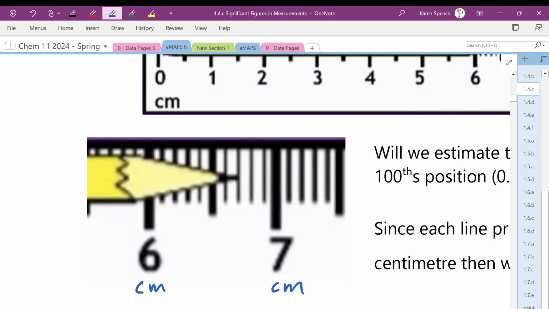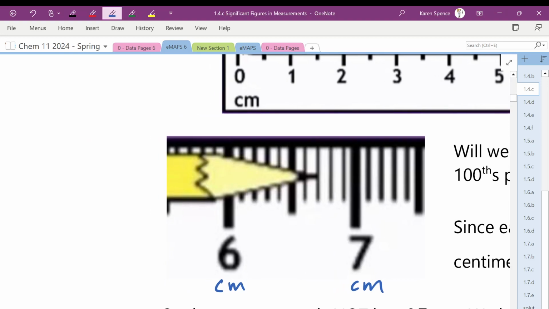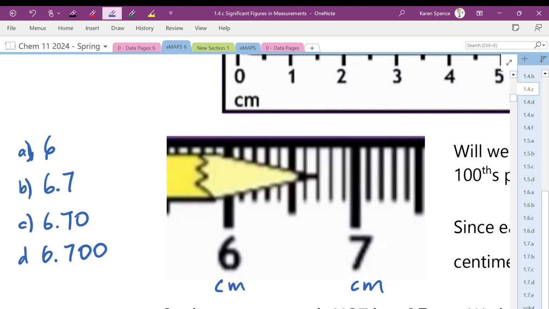What I would like to know from you now is, should we be estimating, should I have this as 6, should I have this as 6.7, 6.70, or 6.700? A, B, C, D.